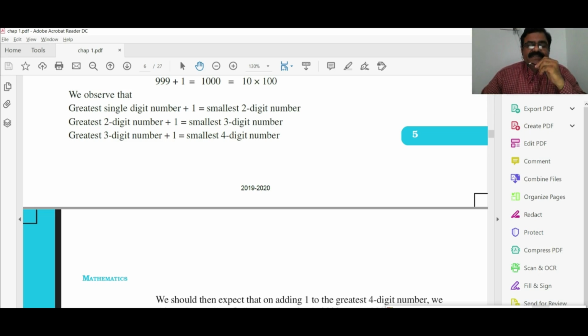So very easily, if anyone is asking what is the successor of 99, obviously your answer will be 99 plus 1 is equal to 100. If anybody is asking what is the predecessor of 100, then 100 minus 1 you get 99. This is the predecessor of 100.